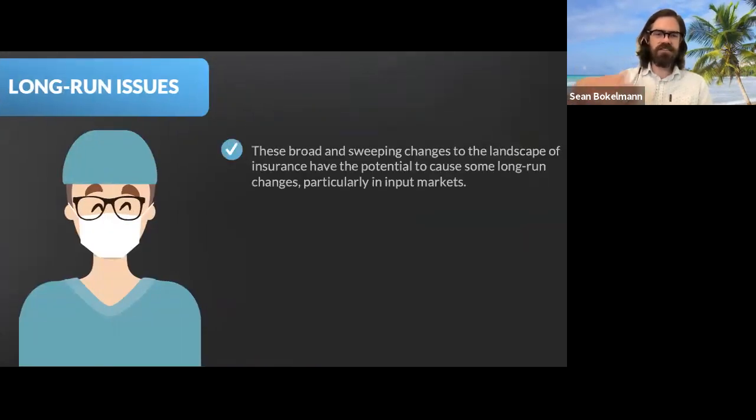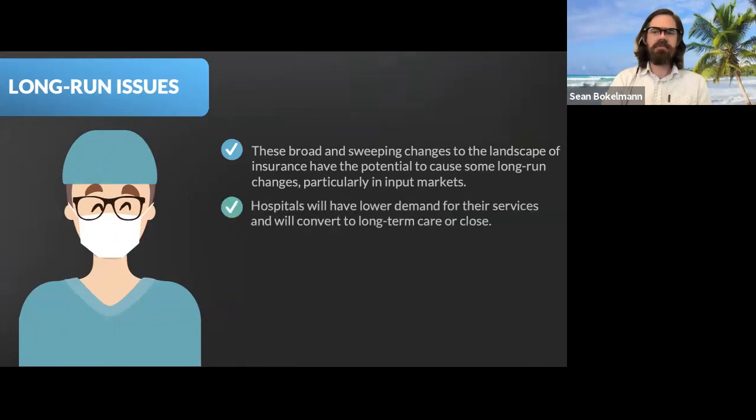Okay, now moving on to the longer run issues related to these types of cost savings plans. All of these interventions could potentially have longer term effects. In particular, hospitals are going to have a lower demand, right?